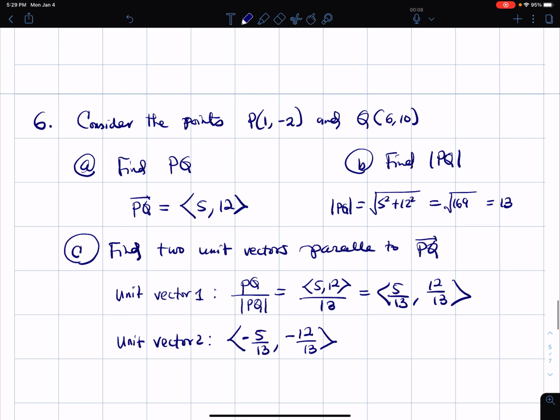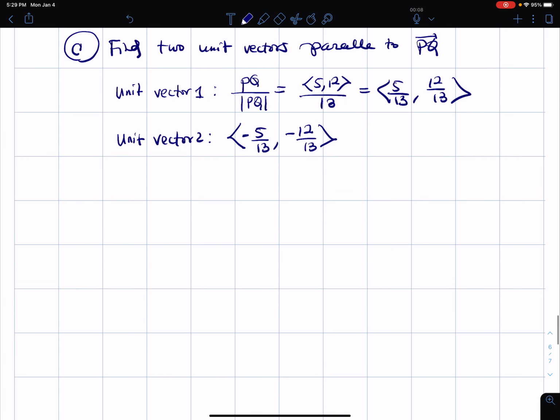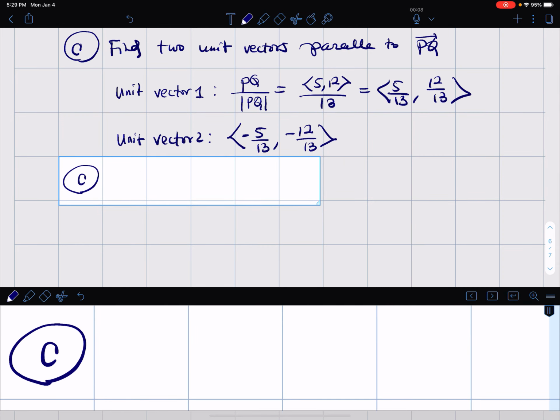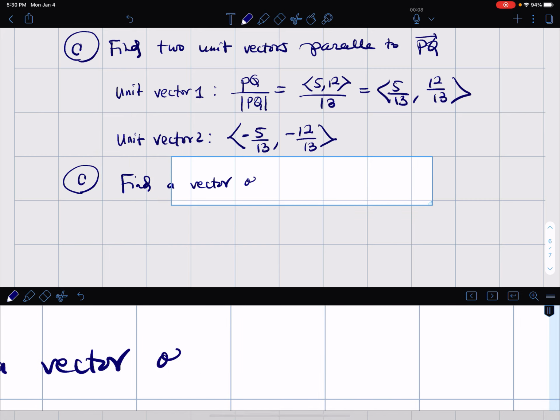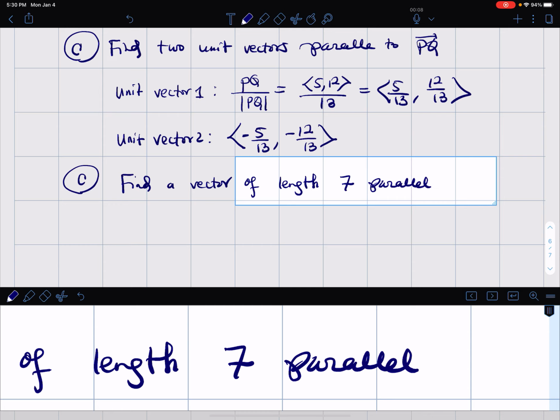All right? Okay. Now, another question we can ask is, let's find a vector of length 7, parallel to PQ.